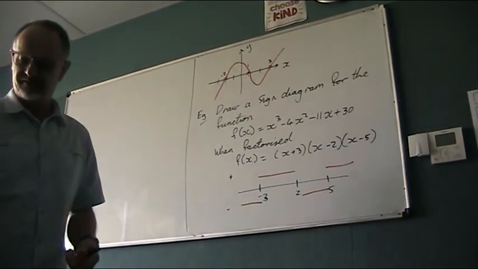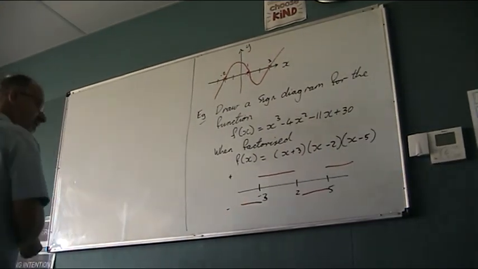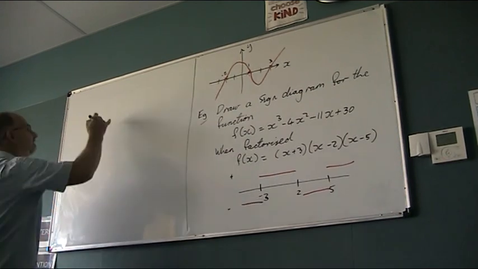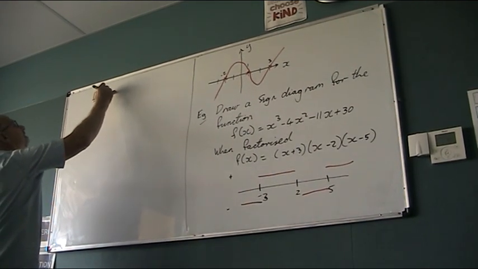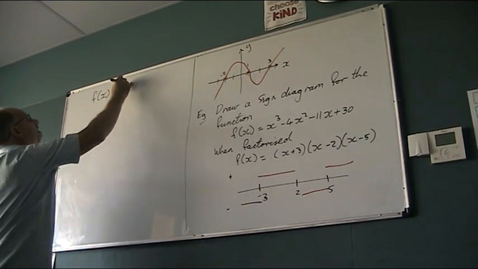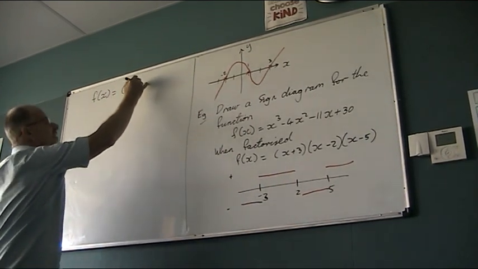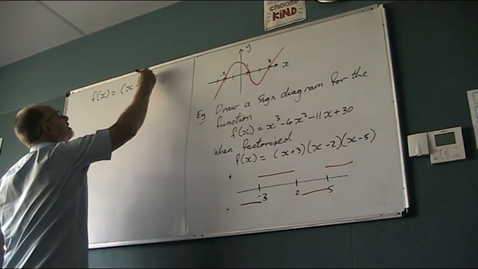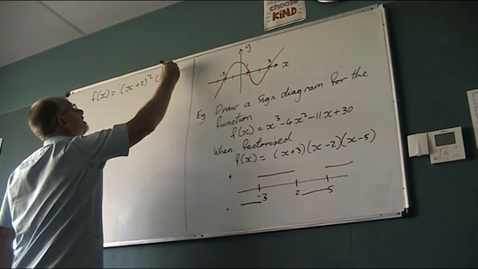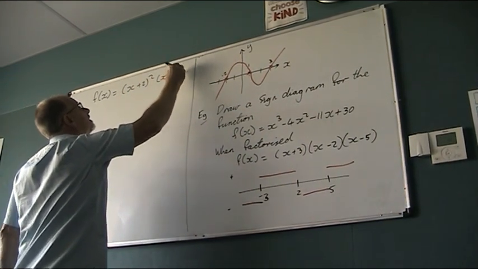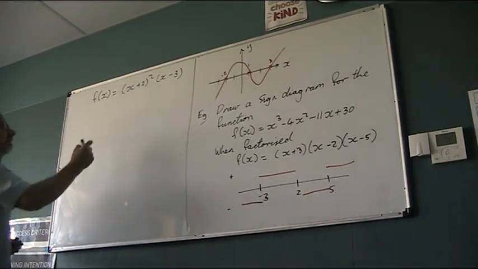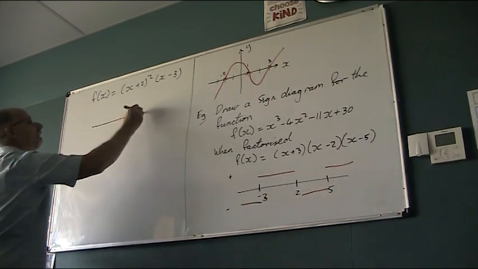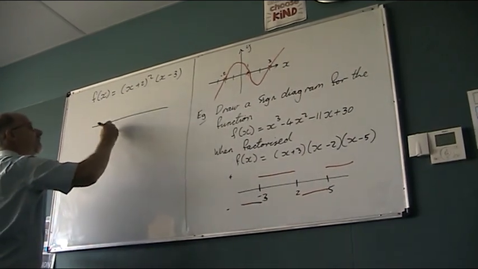Now, if there's a repeated factor, how do you reckon you're going to show a repeated factor? So say like this, for example. So we've got a repeated factor here. How can we show that, do you think? So minus 2 and 3.